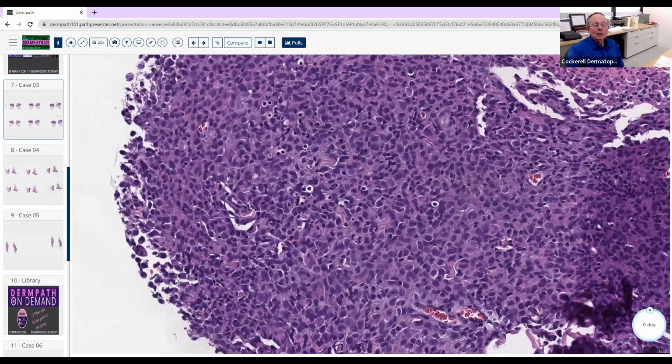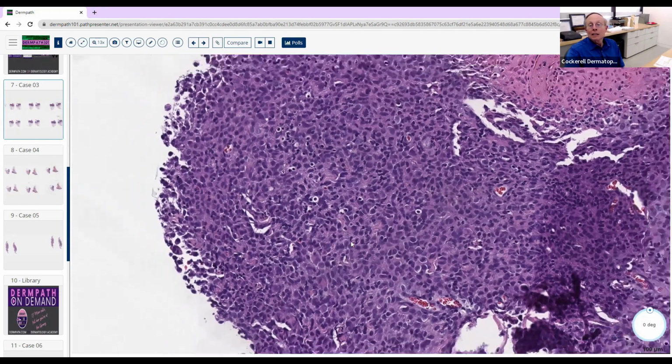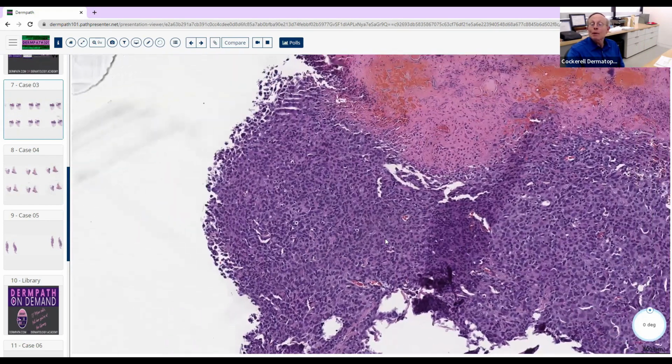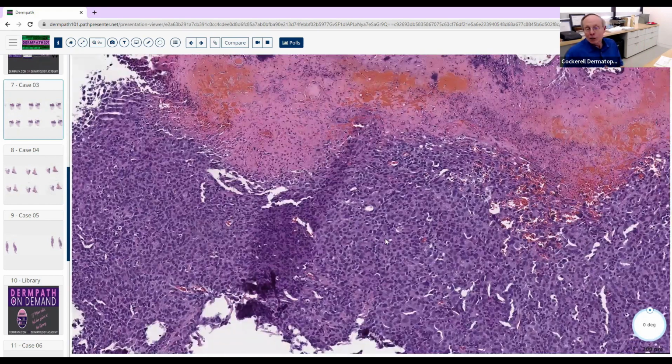Yeah. And see this off to the side here? That's kind of got the cells floating freely into these probable vascular spaces over here. This is an example of an epithelioid angiosarcoma that doesn't really look like an angiosarcoma when you first look at it.